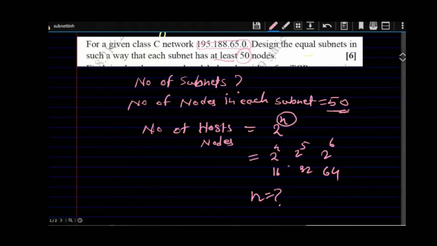So which value of n will you select so that the requirement of 50 nodes, or 50 hosts, is satisfied for each subnet? Will it be 4, 5, or 6?